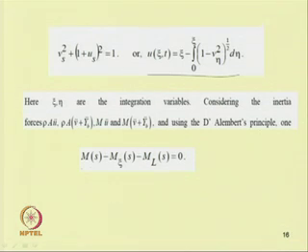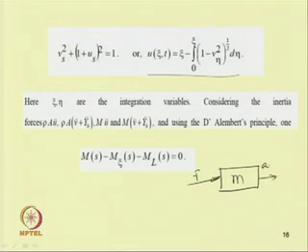one can write this expression: m s minus m zeta s minus m l s equal to 0. To recall this D'Alembert principle, let m be the mass of the system. It is subjected to an external force F and there is acceleration A. In this case, the D'Alembert principle can be written as the summation of the external forces plus the inertia forces equal to 0.